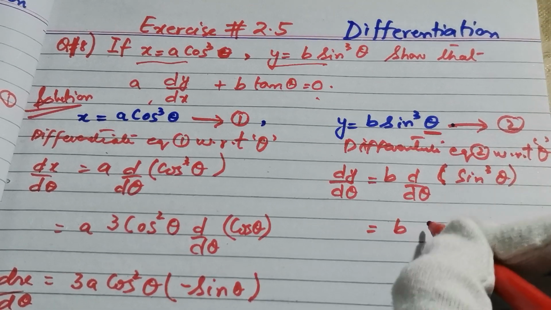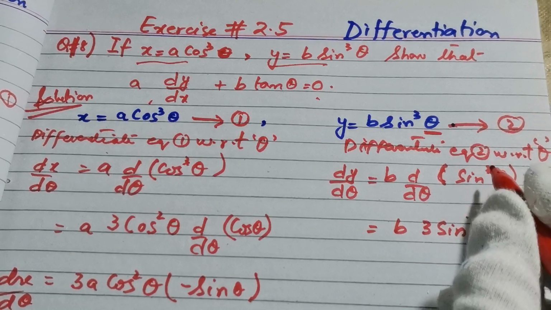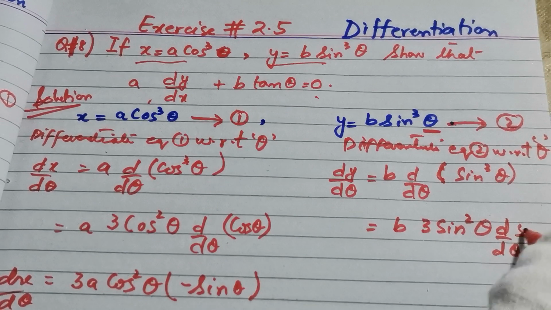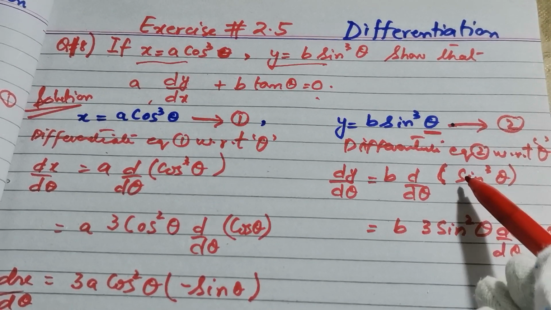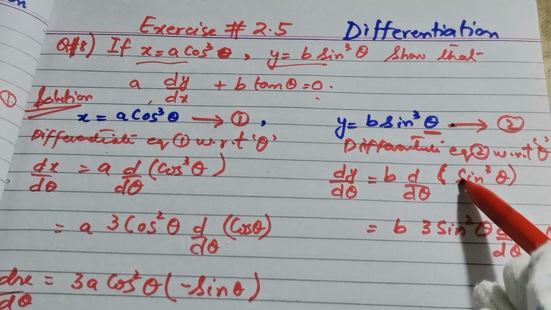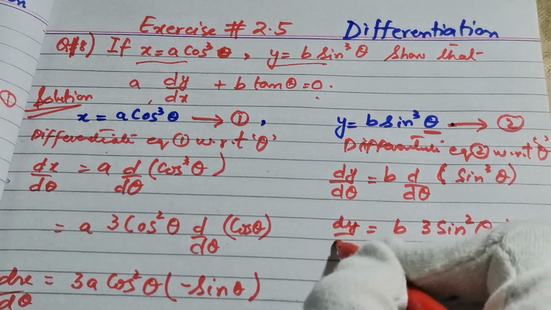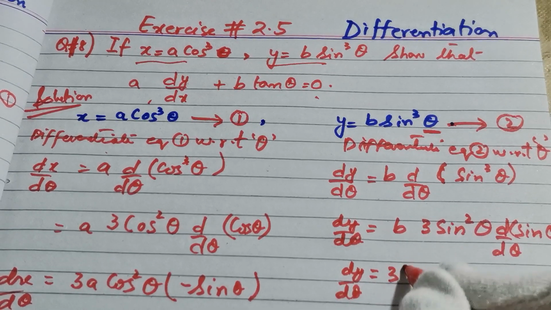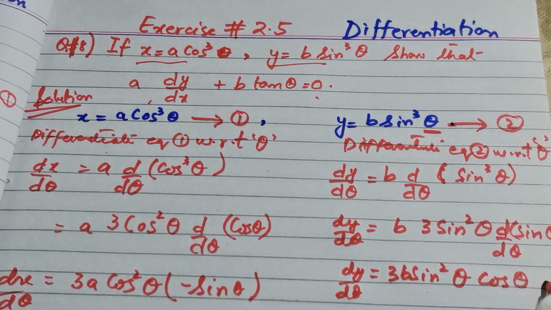According to the power rule, n is 3, sin theta to the power n minus 1, 3 minus 1 becomes 2, and then the derivative of sin theta. Whenever there is a power, first of all we apply the power, then again we differentiate sin theta or whatever theta is. dy by d theta is 3 into b, 3b sin square theta, and the derivative of sin theta is simply cos theta.